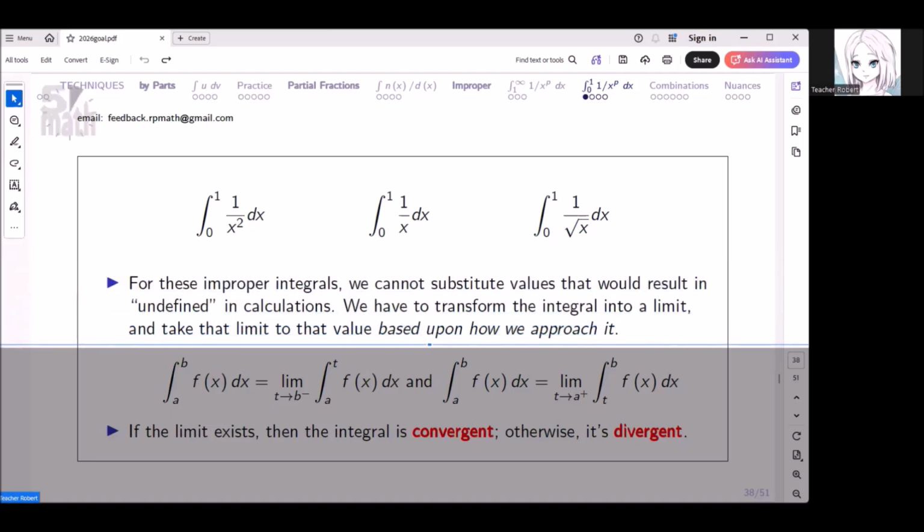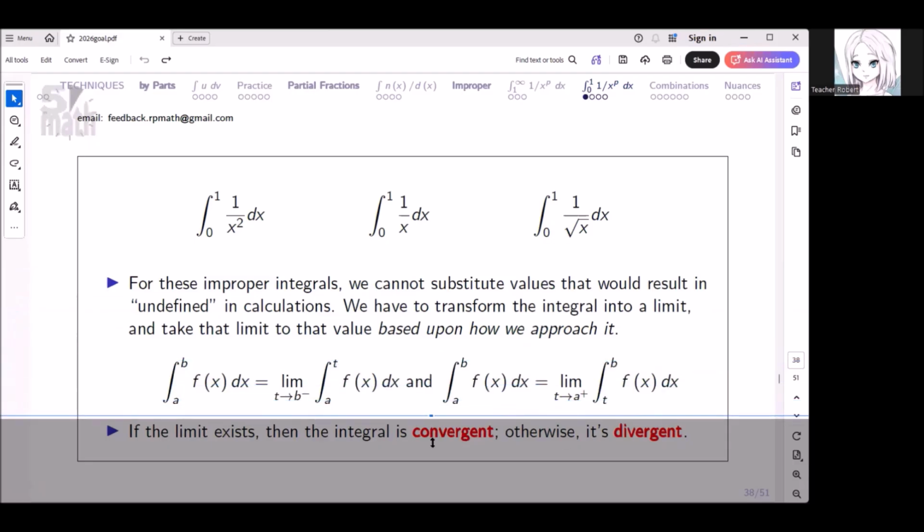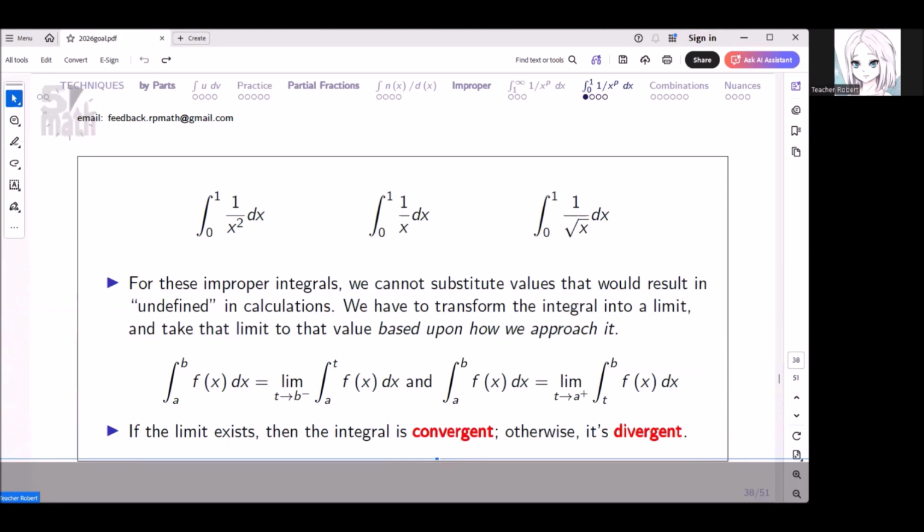For these improper integrals, we cannot substitute values that will result in undefined in calculations. We have to transform the integral into a limit and take that limit to that value based upon how we approach it. If the limit exists, then the integral is convergent.